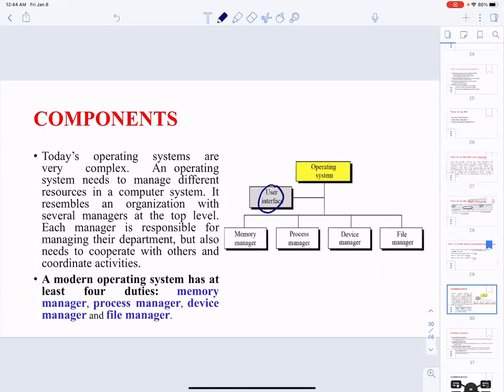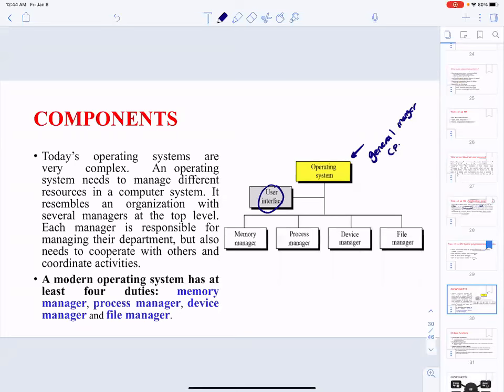We know that operating systems are very complex. We also know that an operating system needs to manage different resources in a computer system. So each manager that the operating system will control, this is the general manager.